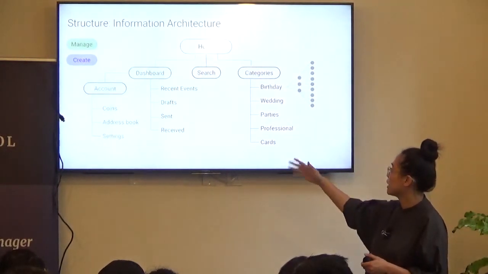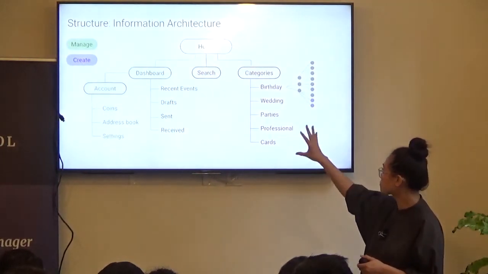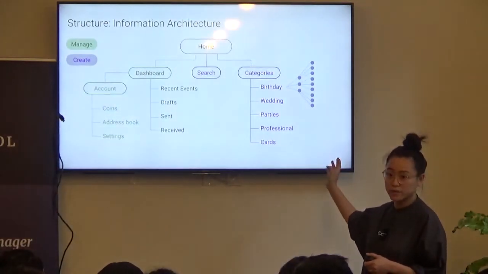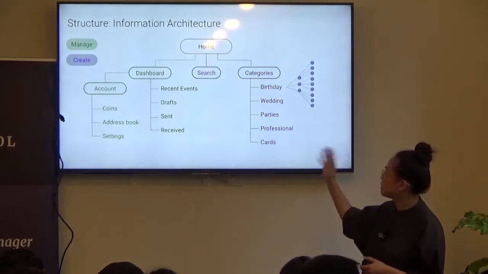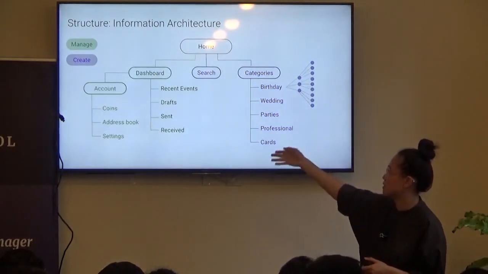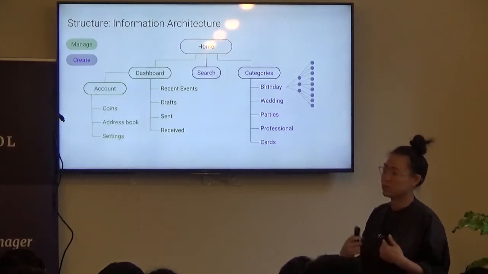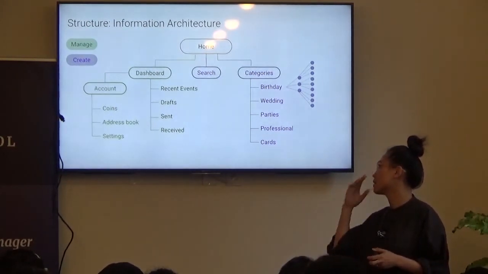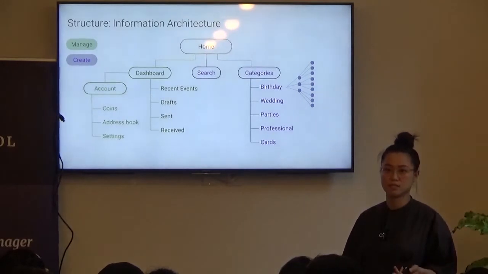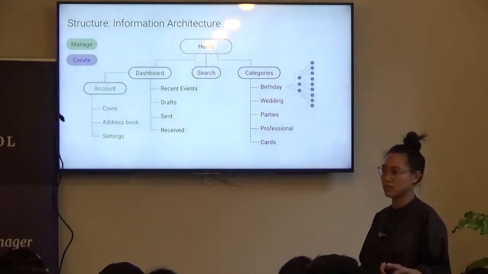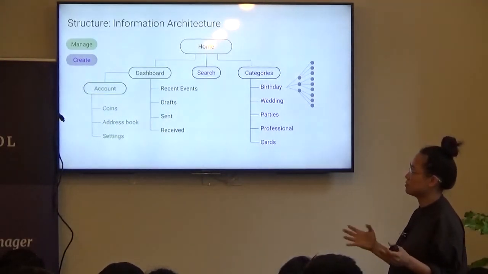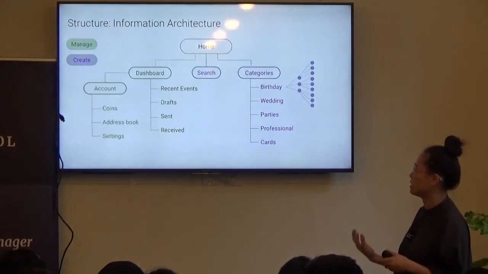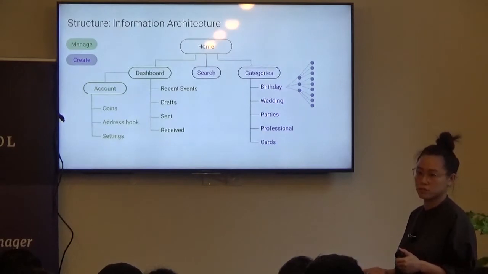So I have the purple side where you're organizing by category, and then the other side is where recent events may go first, because we know if they're coming back to manage their event, then we want that to be the first thing they see so that they don't have to dig through the pages. This is just a general layout for people to understand what we're thinking and how we want the user to understand our page.